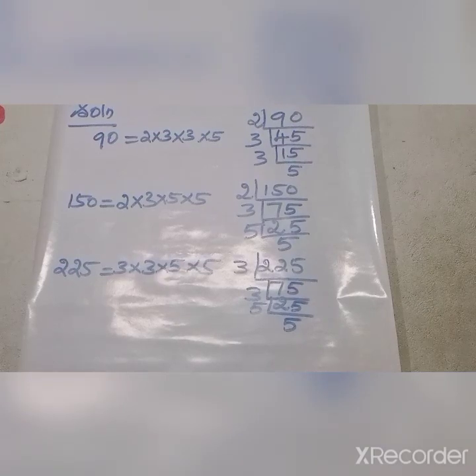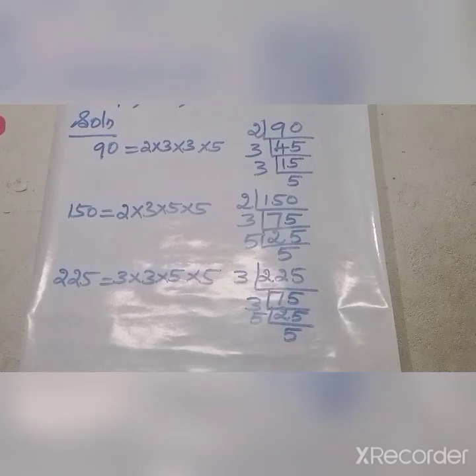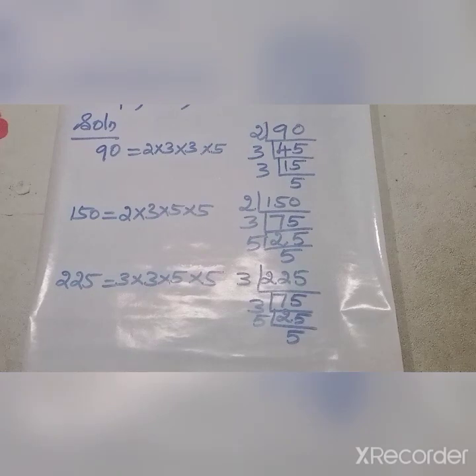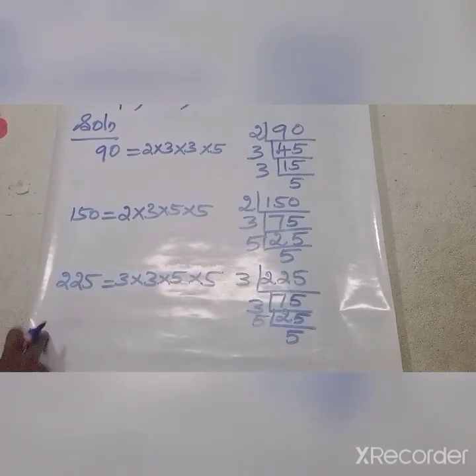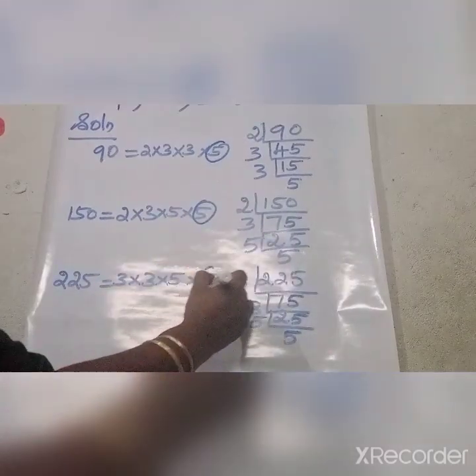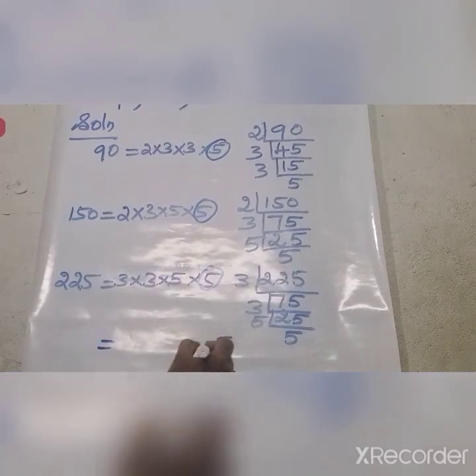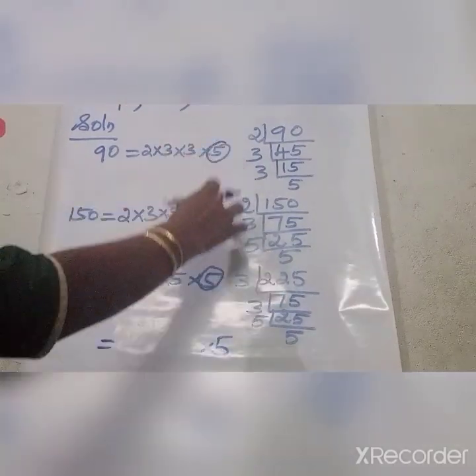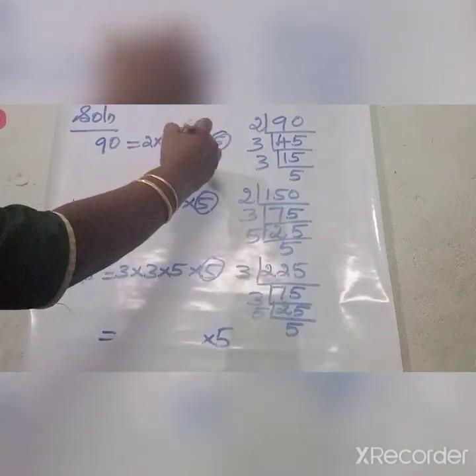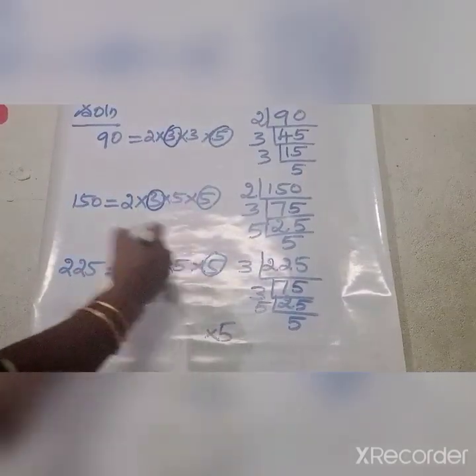How to find out the GCD? We look for the factors that are common to all 3 numbers. So check it. First, this 5 is a factor for all the terms. So we can write 5. Among all the 5s, 1 5 we have to select. Then next, 3. 3 is common for all the 3 numbers.